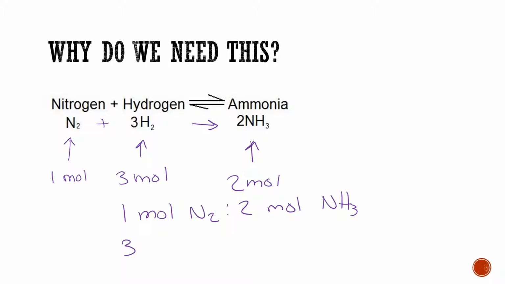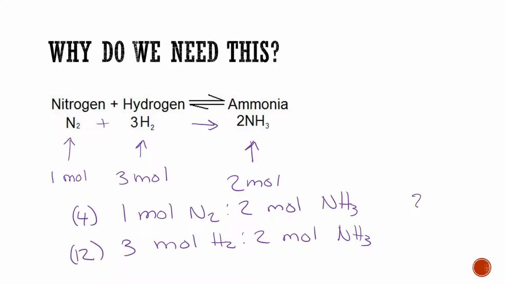And for every 3 moles of H2, we get 2 moles of NH3. So if we were to have 4 moles of N2 and 12 moles of H2, then we can make 2 times 4, 8 moles of NH3.